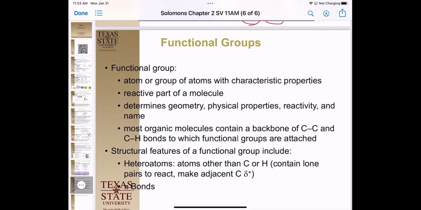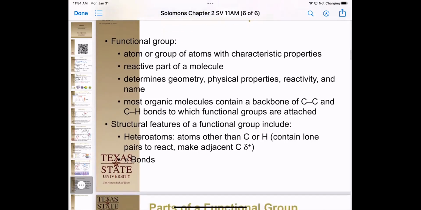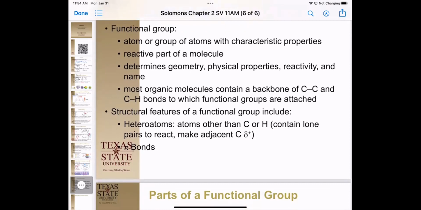Now we're going to get a little more complex and add other functional groups. Most organic compounds have that carbon-carbon bond and a lot of carbon-hydrogen bonds. So that part is the lower interest part. The part that's different is our functional group, and that's the part we want to play with. We tend to call these things heteroatoms, hetero meaning different than carbon or hydrogen.